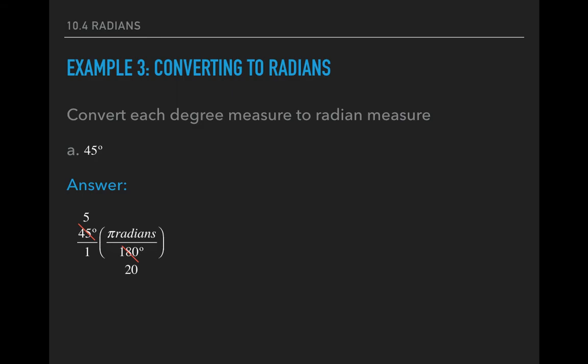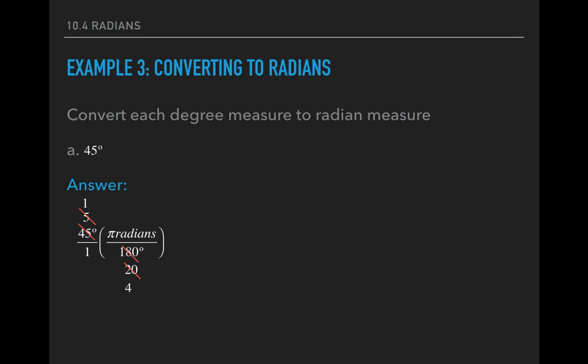5 goes into 45. I'm sorry, 9 goes into both of those. 9 goes into 45 and gives you 5, and 9 goes into 180 20 times. Okay, but I know I can go a little further because 5 and 20 have something in common. I can again divide each of those now by 5, and it will be 1 and 4.